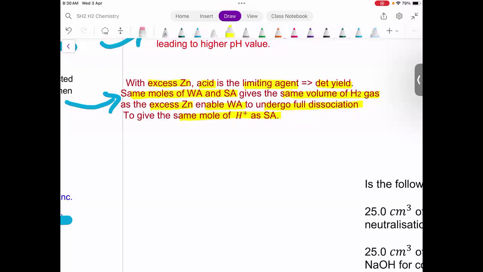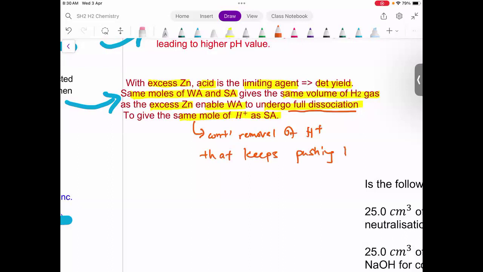In this case, it is Le Chatelier principle. This is the essence of what's happening. If you want to bring in the Le Chatelier principle, you can say that it will undergo full dissociation because of the continuous removal of H plus that keeps pushing the position of equilibrium 1 forward.